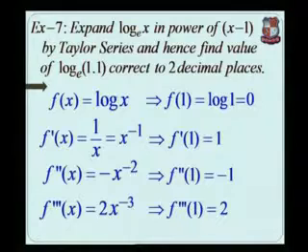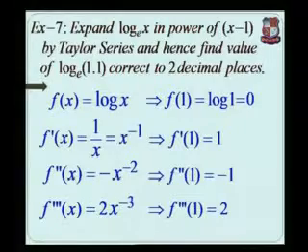Suppose it is an example of Maclaurin series, then we use the Maclaurin formula, but here it is given to use the formula of Taylor series, so we expand log x in power of x minus 1. Now our next procedure is what? We find the value of log 1.1 using the formula of log x, which can be derived by the Taylor series. And one line is also given, correct to 2 decimal places.